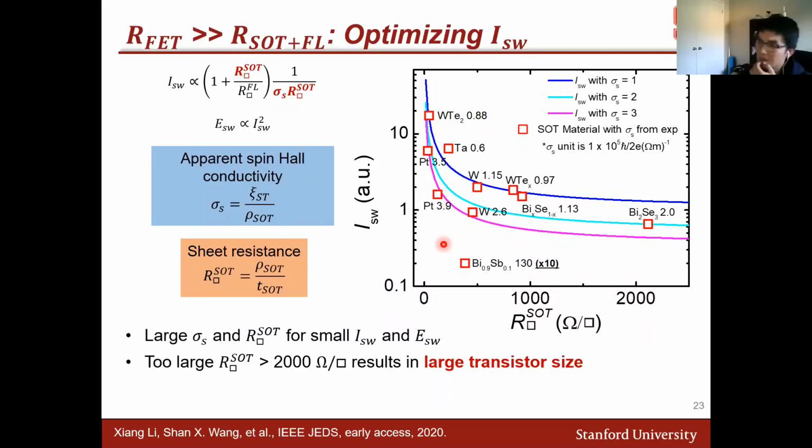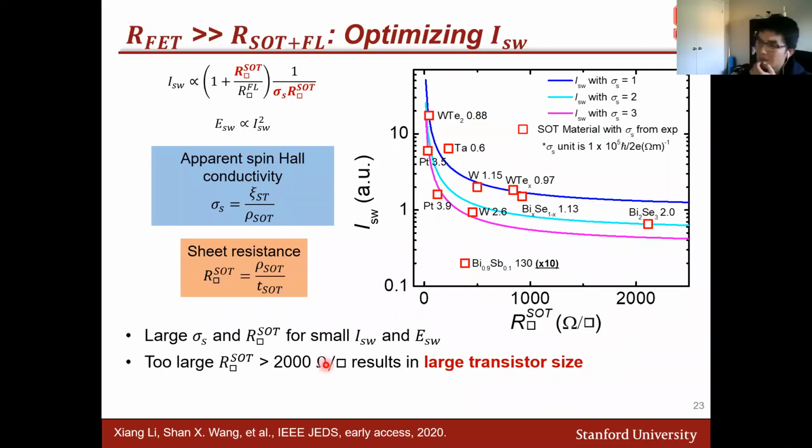However, there's one caveat I also mentioned earlier a little bit, is when you have a very large sheet resistance, you will have a very large SOT line resistance, which is a parasitic in your cell. If it's too large, then your current drive from your transistor will decrease pretty fast.